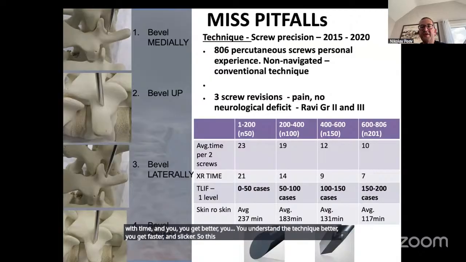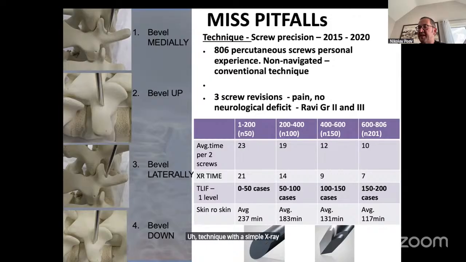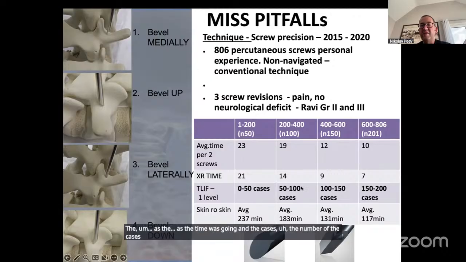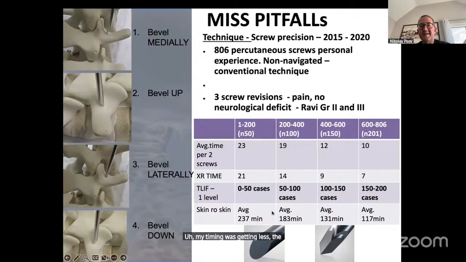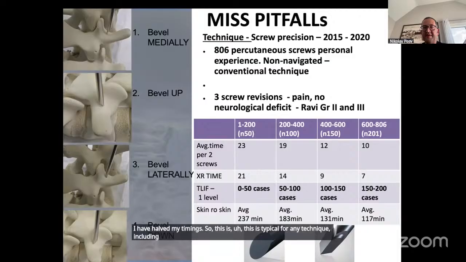This is an audit that I did on my minimally invasive percutaneous screw technique with simple X-ray, and you can see here that as time went on and the number of cases went up, my X-ray timing was getting less, and at the end of this series of 800 minimally invasive screws, I have halved my timings. So this is typical for any technique, including the minimally invasive technique. What is not possible in the beginning becomes possible later on.